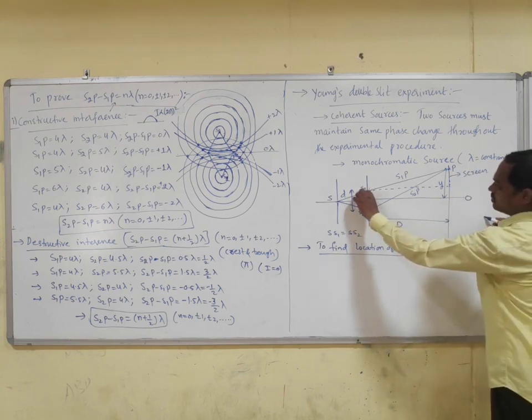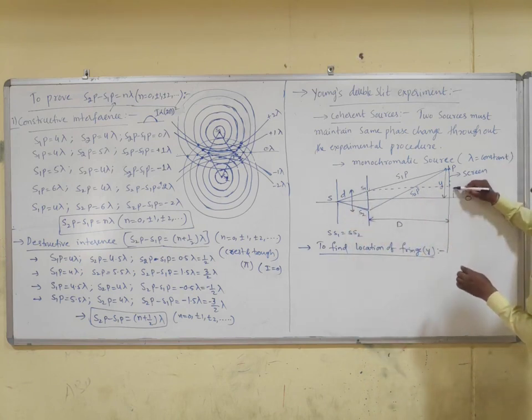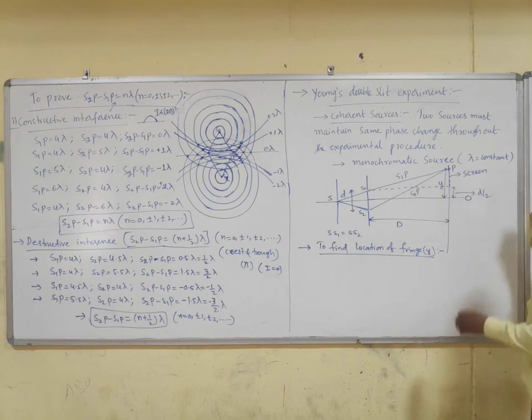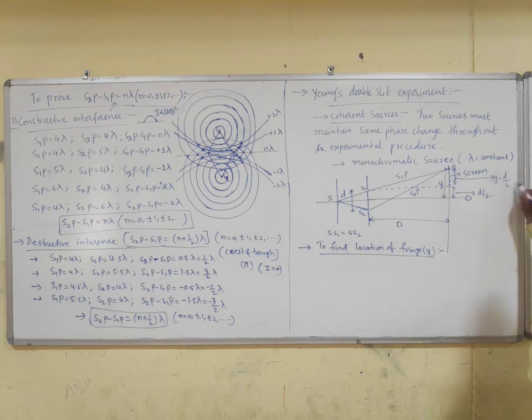It is clearly shown that this is d by 2 and this is also d by 2. So now let us take this as d by 2, d by 2. And this is Y. Now this will be equal to Y minus d by 2.